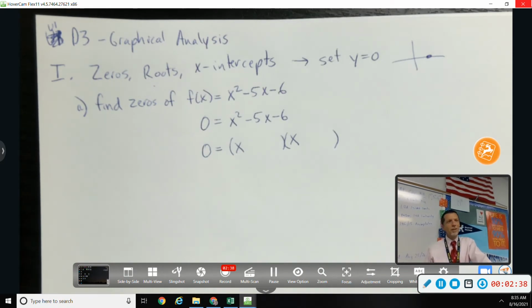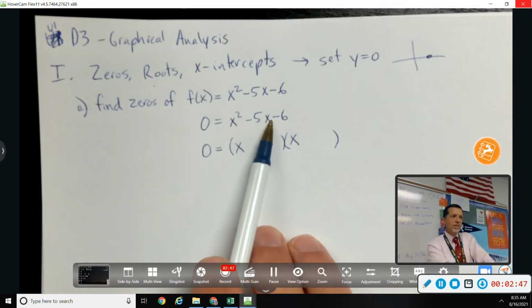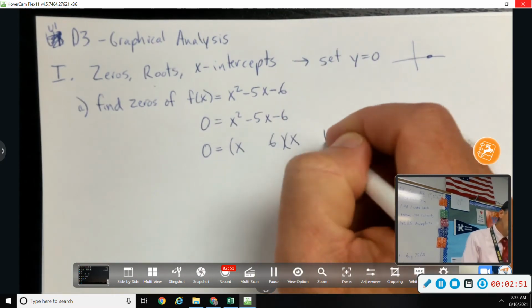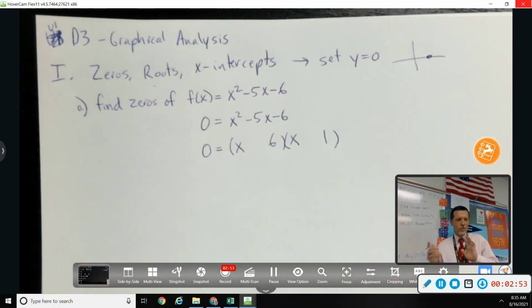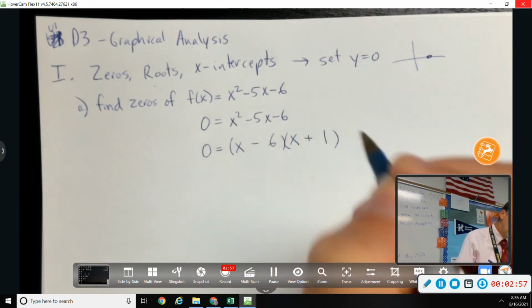Well, 3 times 2 is 6. But this is not 3 and 2. Because you can't make the signs work out with 3 and 2. So what factors will I use? 6 and 1. But this one messes people up because of the 3, 2, 6, 1. They both make 5. Minus 6 plus 1.